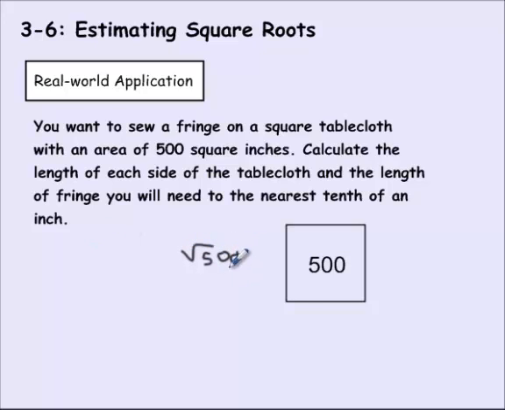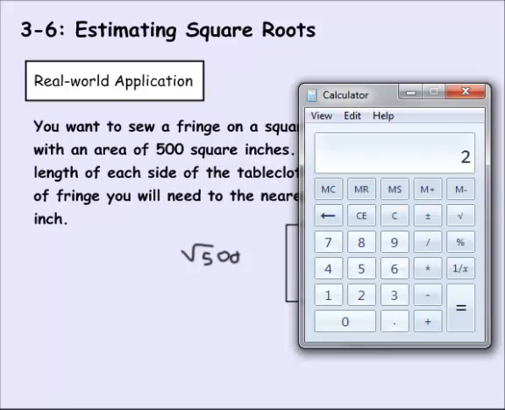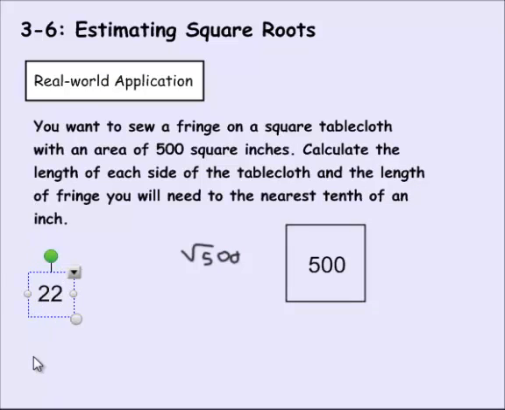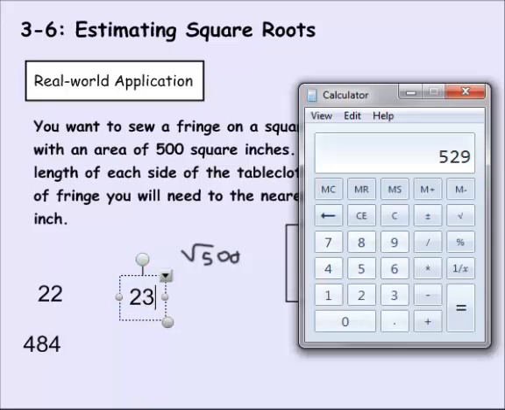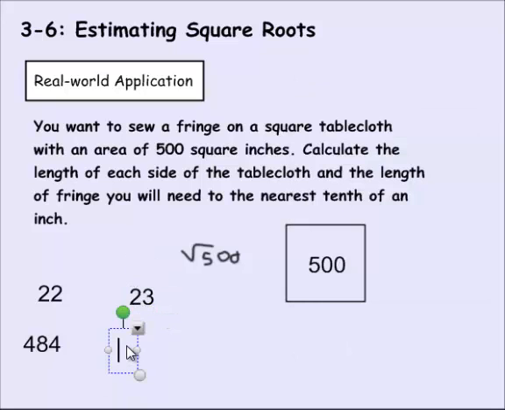So if we're going to approximate this, we would say, okay, what number times itself is below 500? Let's try 23. That's 529, too high. Okay, so 22, 484. Here we go. So between 22, which is 484, and 23, which is 529.